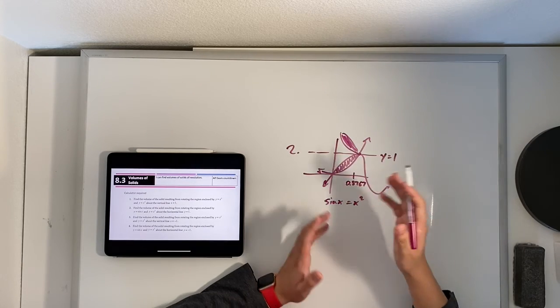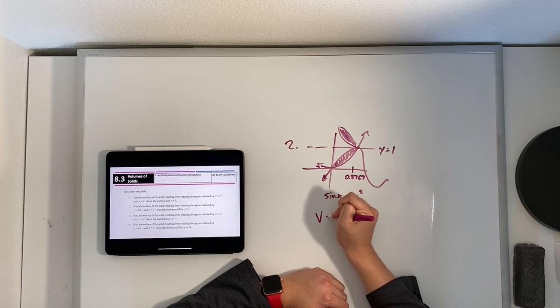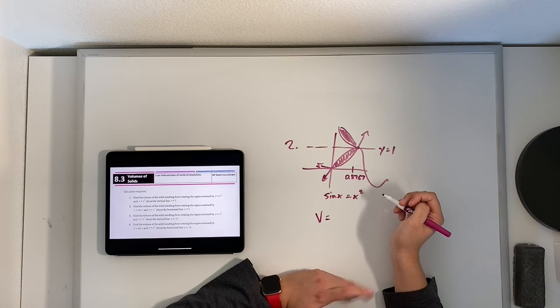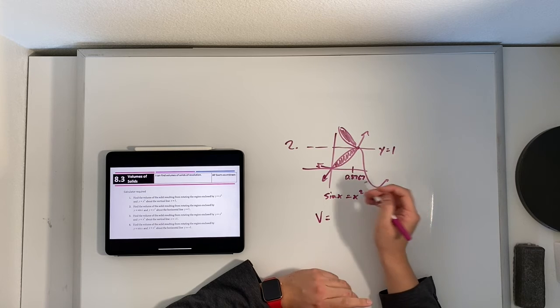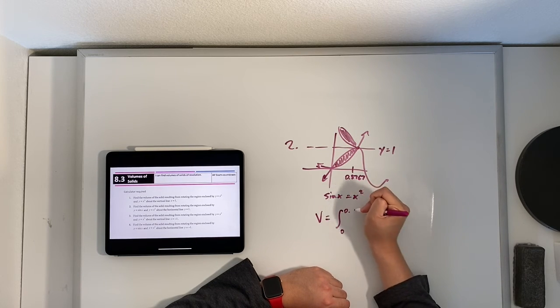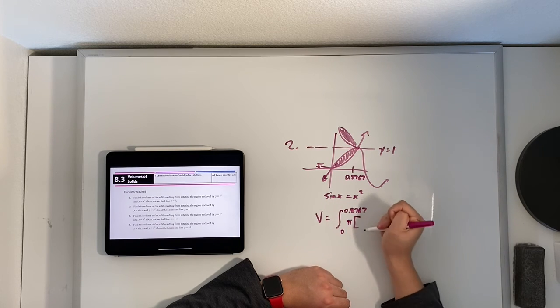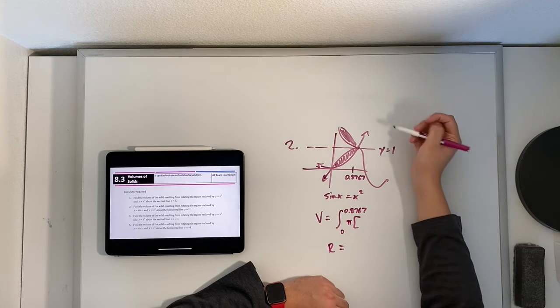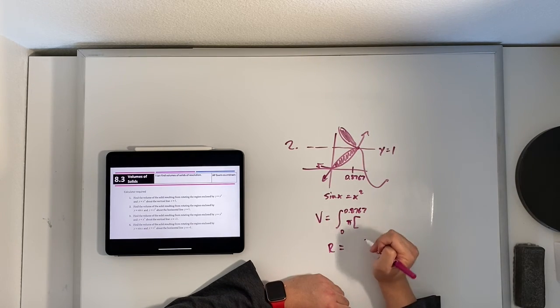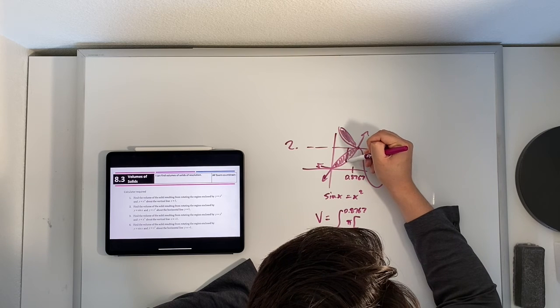So a cross section is a washer, and since we're revolving around a horizontal line, we are going to integrate with respect to x. So limits of integration are 0 to 0.8767. Pi times big R. Well, this is function minus axis. Now, if we're on the axis of revolution, which function is furthest away?